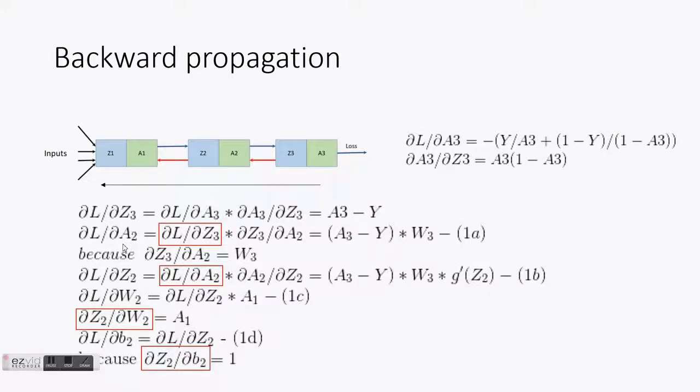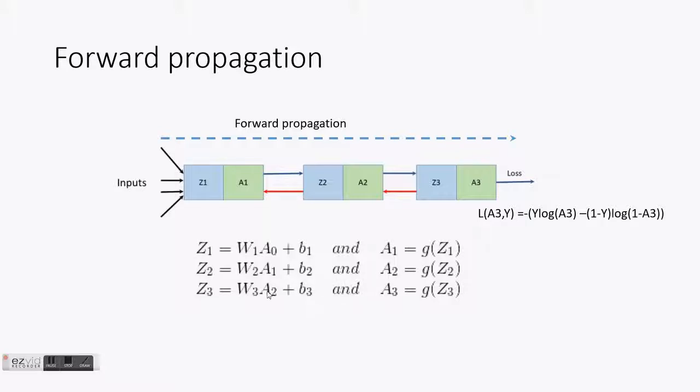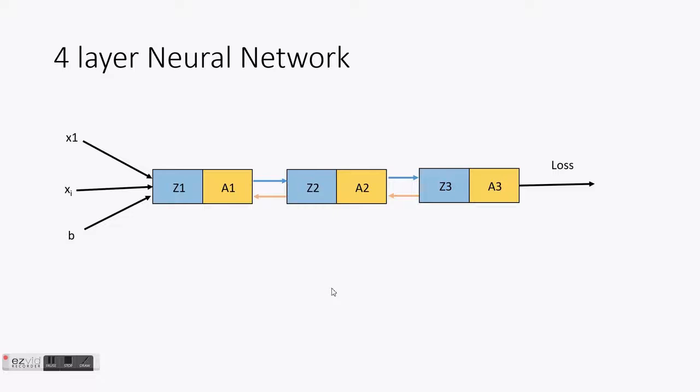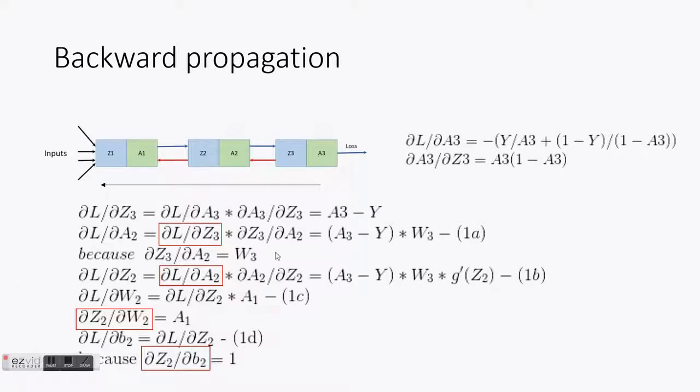Now the next, dou L by dou A2, is dou L by dou Z3 into dou Z3 by dou A2. Dou L by dou Z3 is A3 minus y, and dou Z3 by dou A2 is W3, because this term becomes a constant.